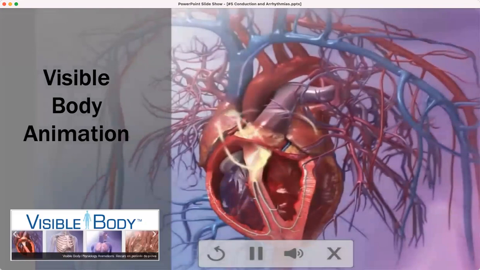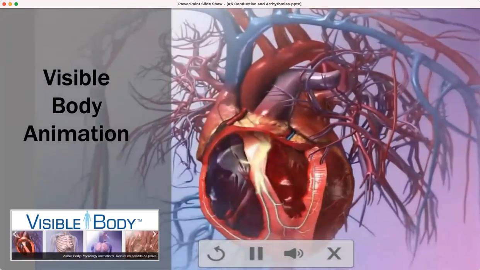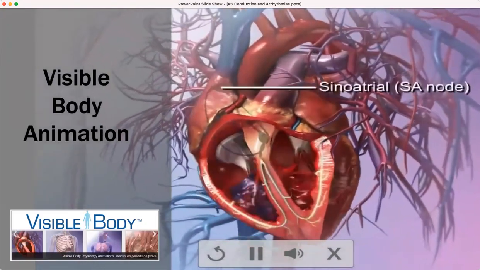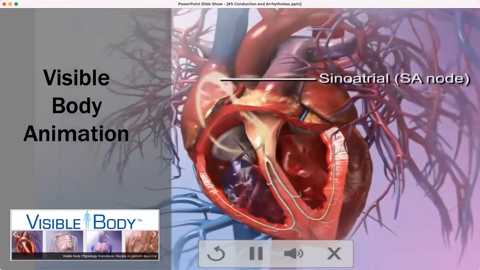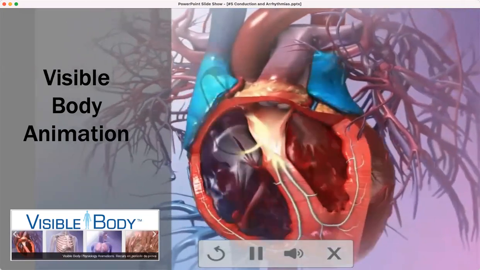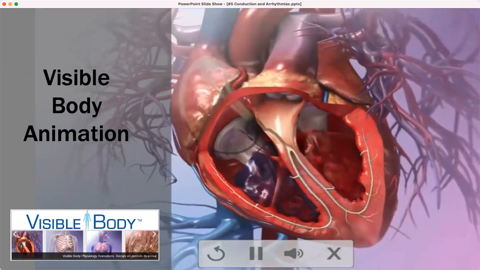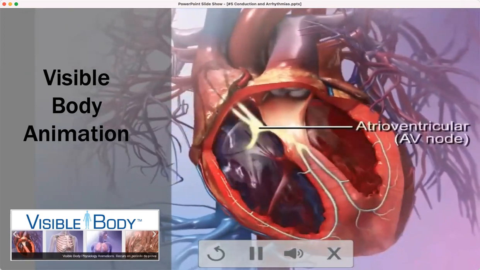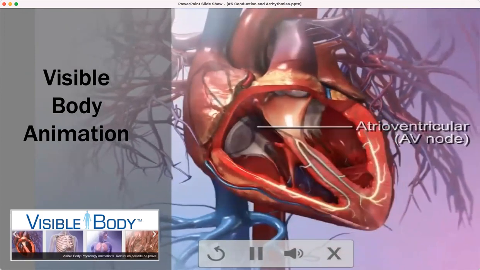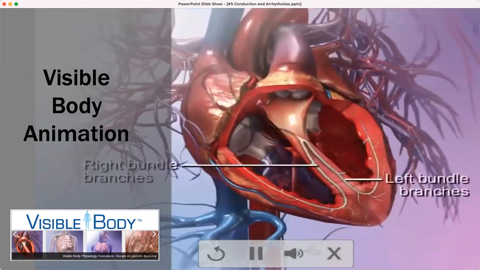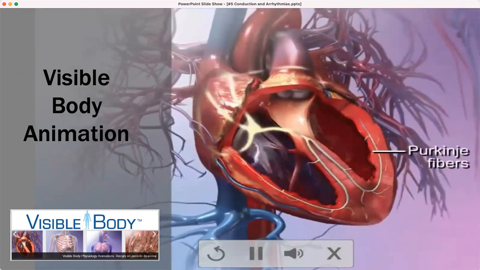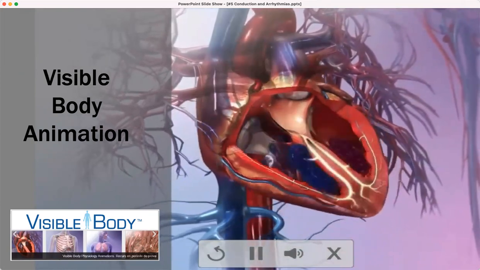Now, to get a really good look at how the heart is functioning, looking from the inside, you can look through this app called Visible Body, showing the conduction system, with the blue denoting the deoxygenated blood, and red the oxygenated blood.